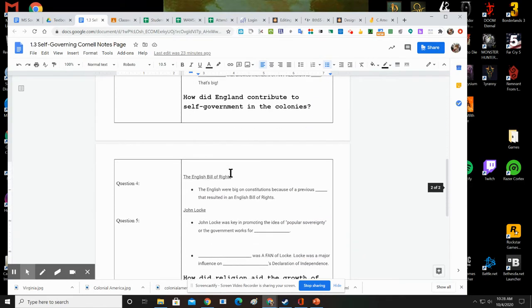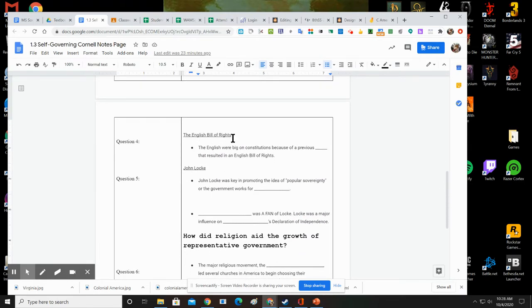I'm going to pick one for an example, the English Bill of Rights, and I'll even give you this for free. The term is Civil War. The English were big on constitutions because of a previous civil war that resulted in the English Bill of Rights, which is just like the Bill of Rights we have.